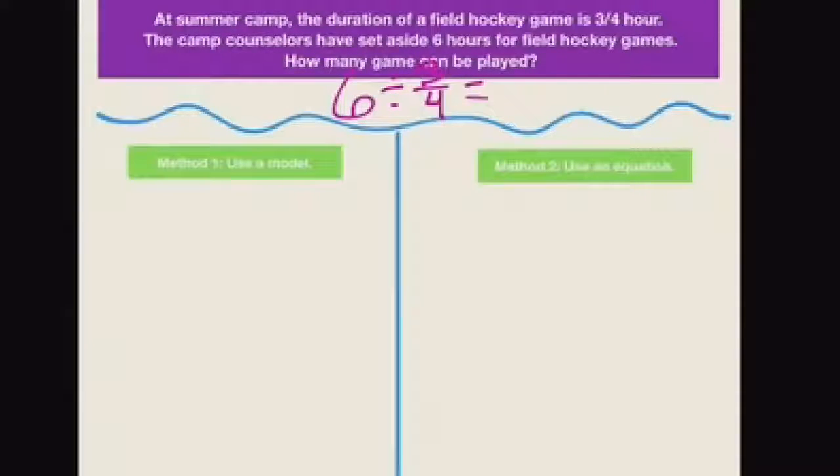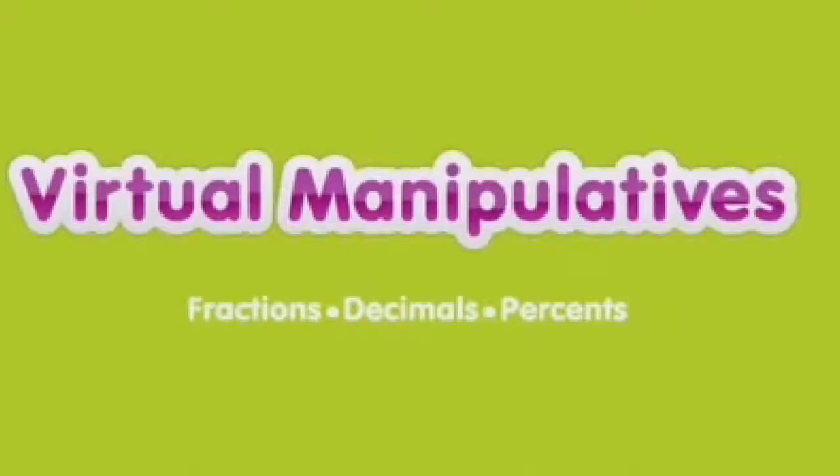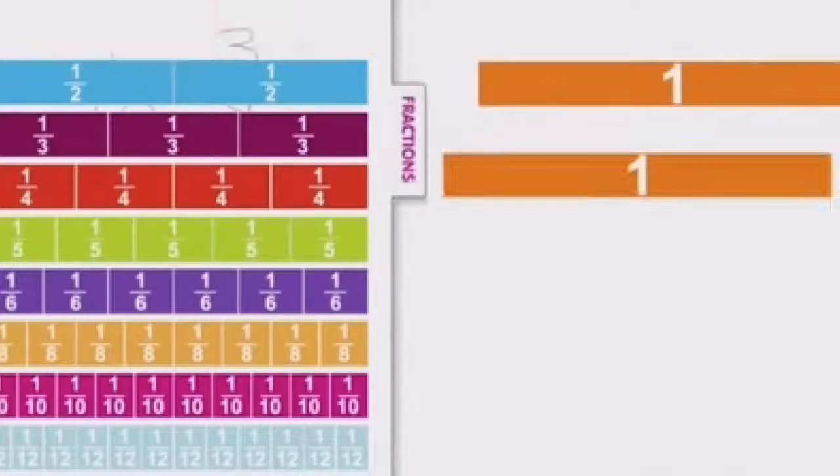Okay, well, let's start with our model. So pull up your virtual manipulatives. I'm going to go ahead and write 6 divided by 3/4. Okay. We're going to start by modeling our 6.